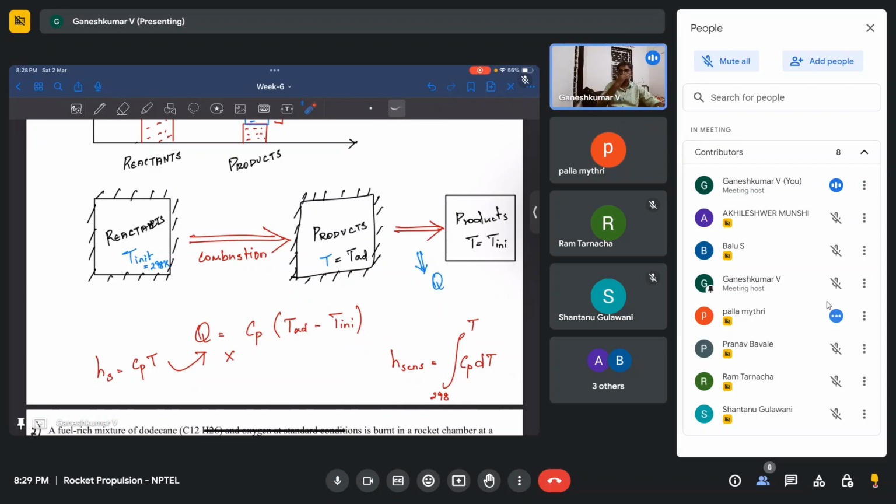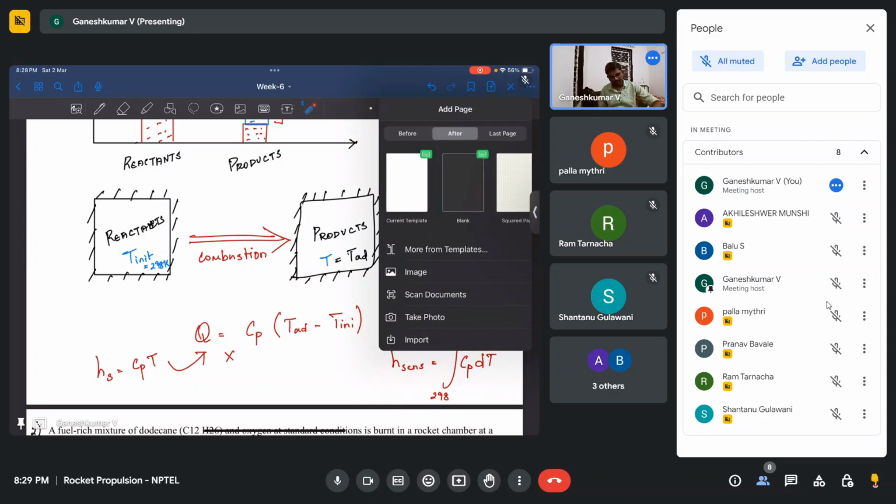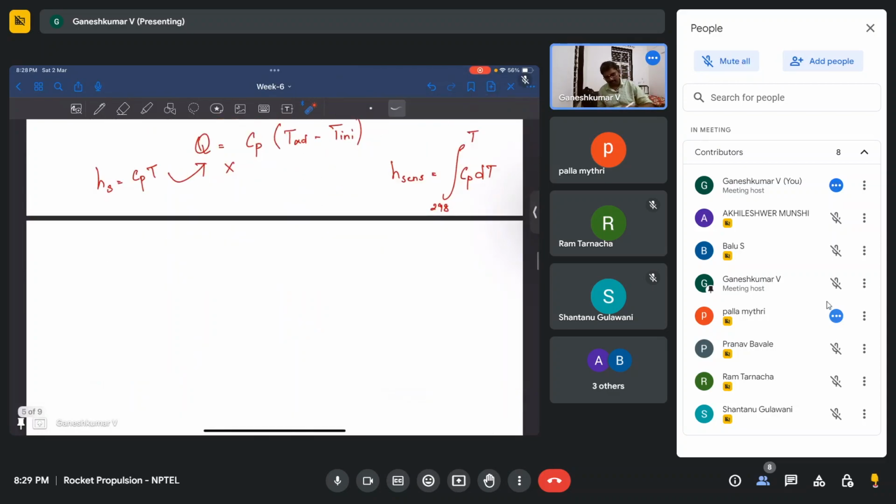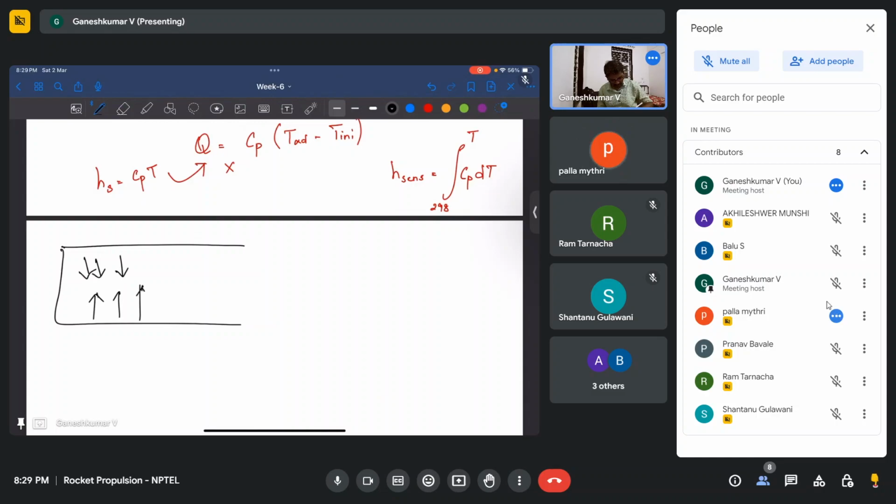So what happens is, while you have the rocket propel, heat is released from the combustion. Let's say you have a rocket something like this, the gas that comes out combusts and then heat gets released. Ideally, the products will form and the products will have higher temperature.